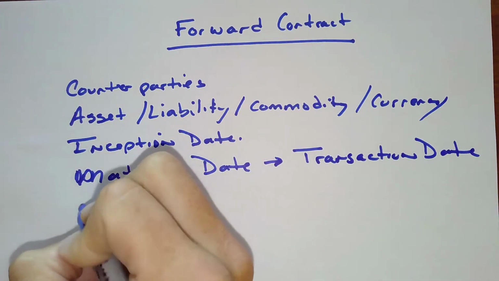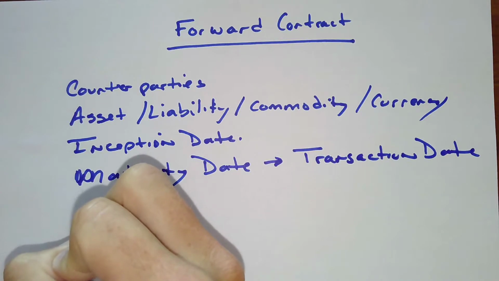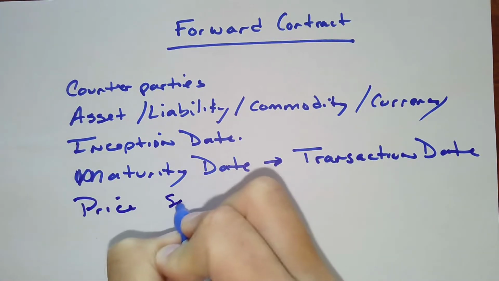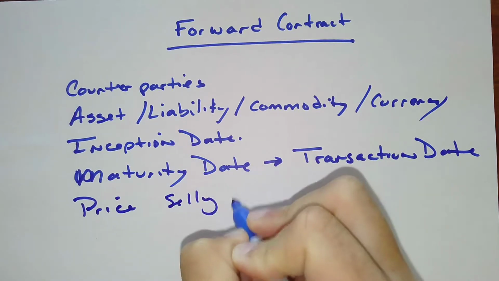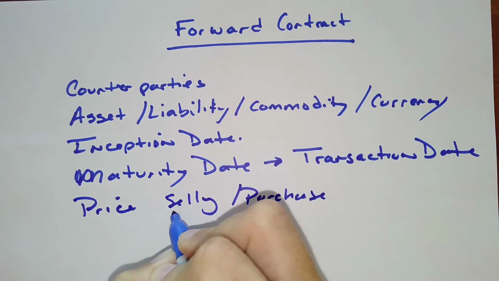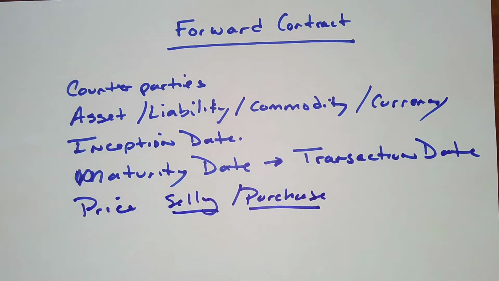We're going to have to determine what is the price, selling price or purchase price, whatever that is. And these are things that should be articulated in the contract. Other things that you might see is if there is a requirement for a margin call.